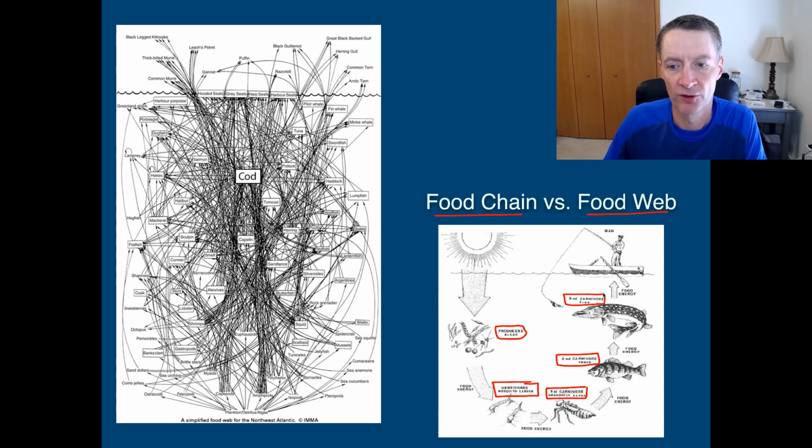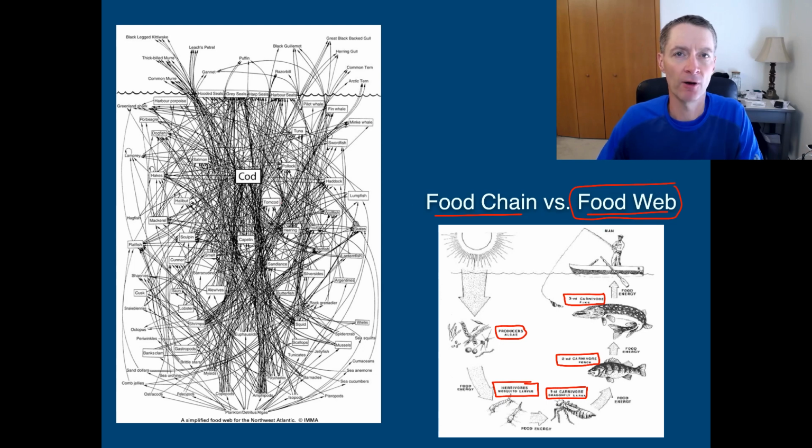And of course, humans are oftentimes at the pinnacle of these trophic cascades, these trophic levels, okay? So you should know the difference between a food chain, like the one that we just talked about here, going from producers in the water all the way to the fish that a human might eat, and then a food web, where you have something like you see over here on the other side of the slide, right?